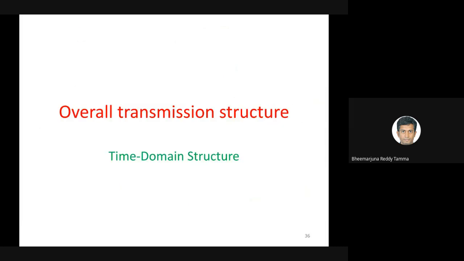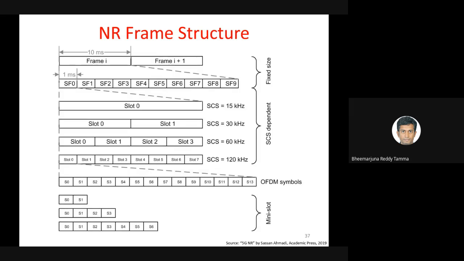We have seen so far the frequency domain structure, where we looked at different numerologies followed by bandwidth part. And more or less, we have seen how things look in the time domain structure too, except that I didn't show you earlier the top part of this illustration, where we take 10 subframes together.